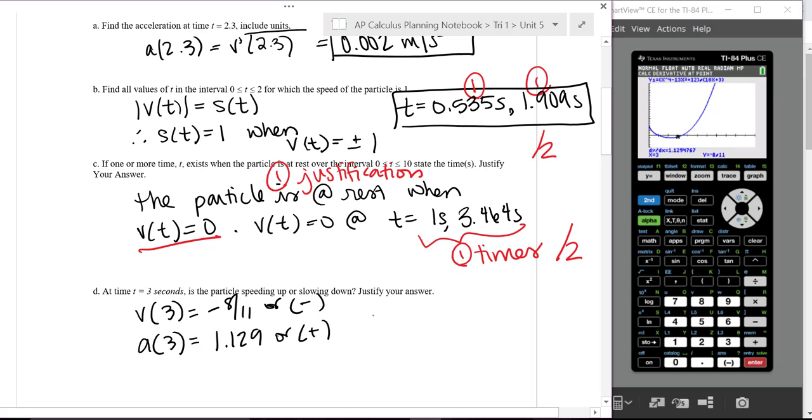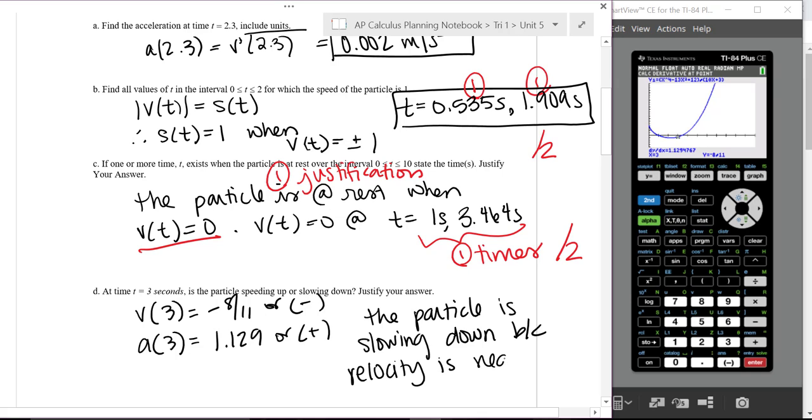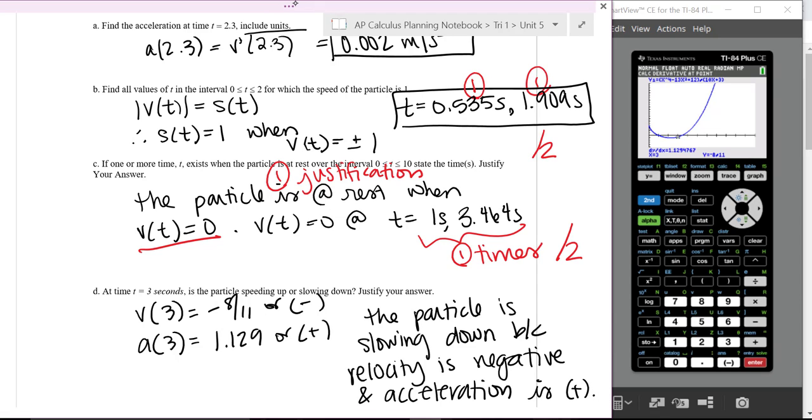So I'm going to say the particle is slowing down because velocity is negative and acceleration is positive.